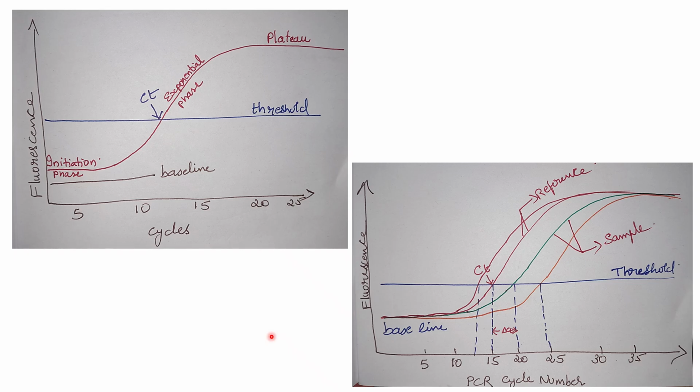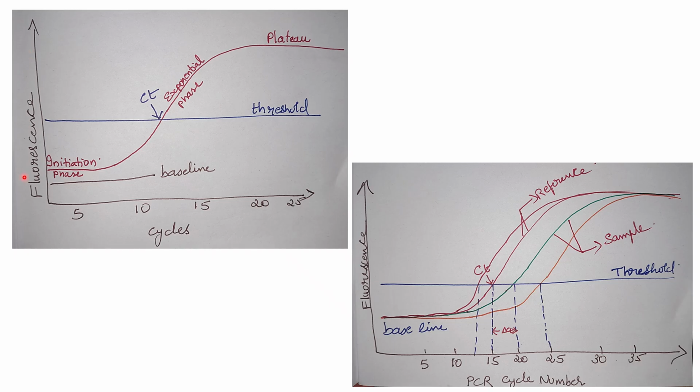You can see it on the instrument, or if it is connected to a computer via software, you can visualize it there too. So it will give the fluorescence based on the probe whatever you are using.